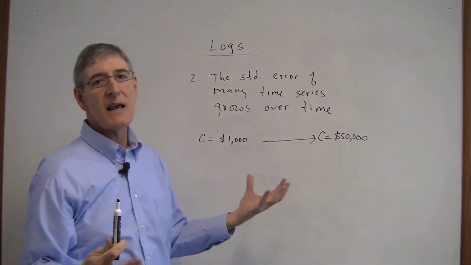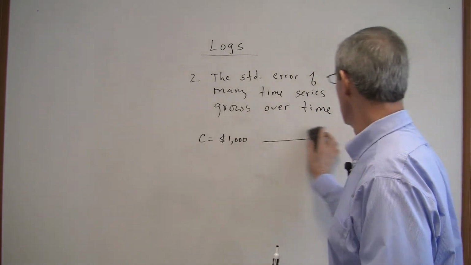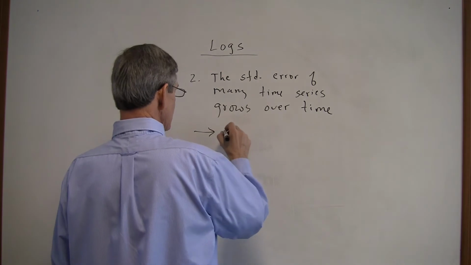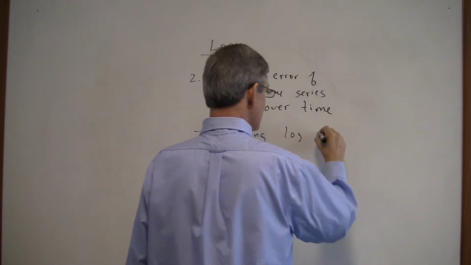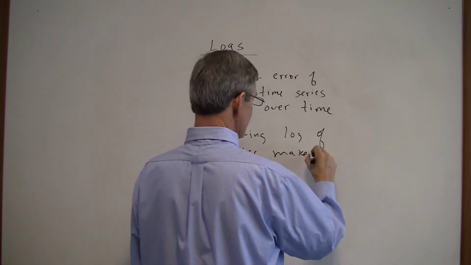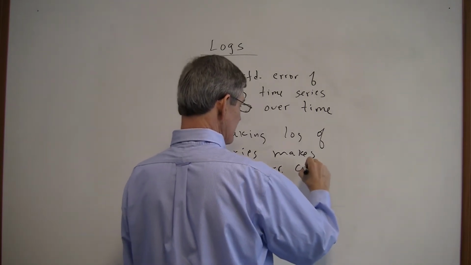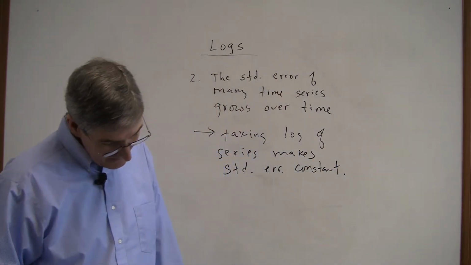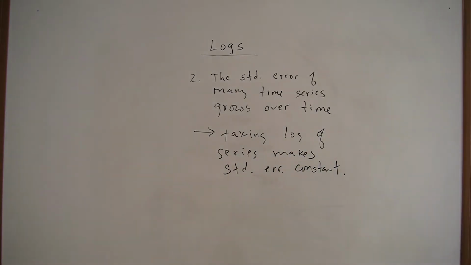It's a much bigger standard error. By taking a log of the series, it makes the standard error constant, or at least approximately constant, close enough for econometric work. And so we almost always take logs of the series.